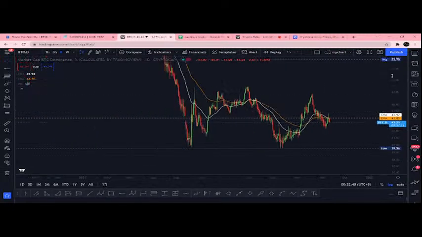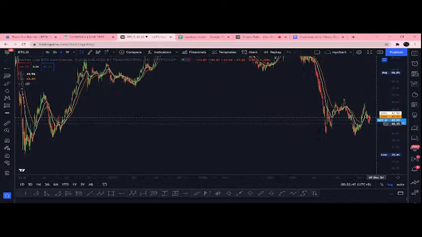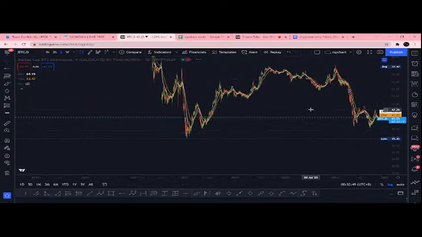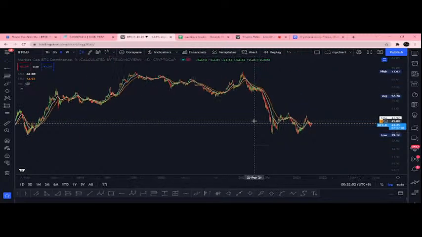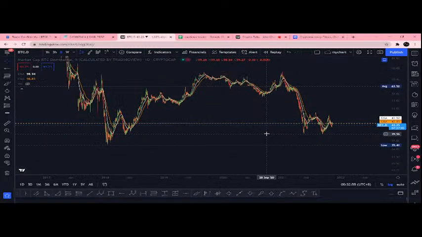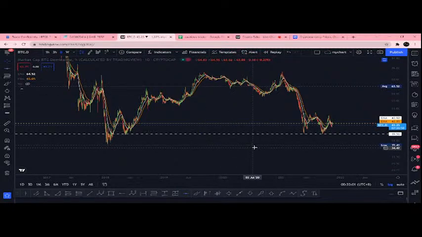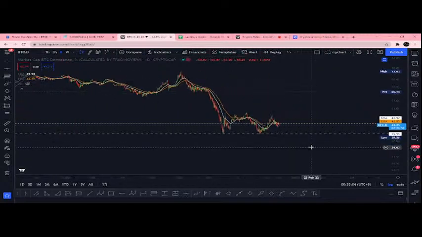So it means alts might be rallying soon. So that's possibly 39. So if ever, alts rally coming again. So a possible death cross forming.